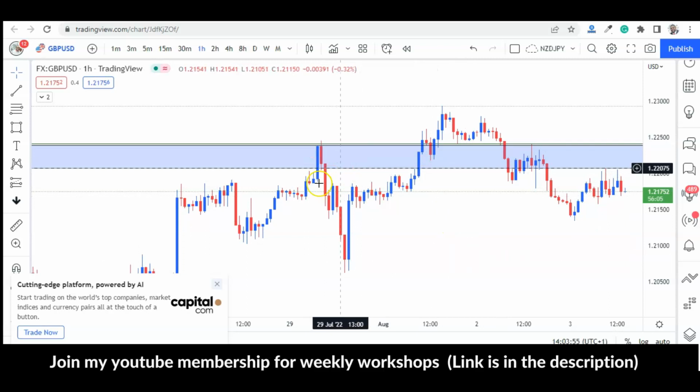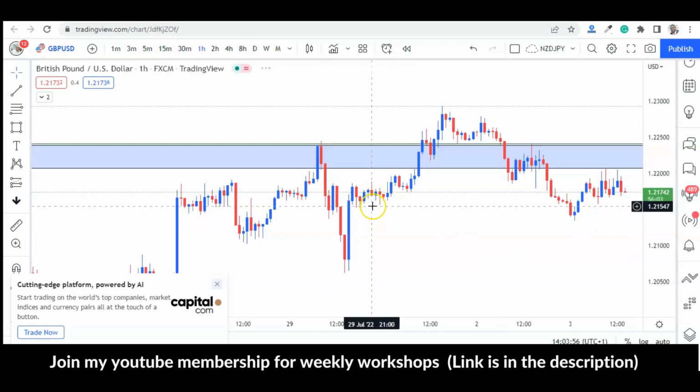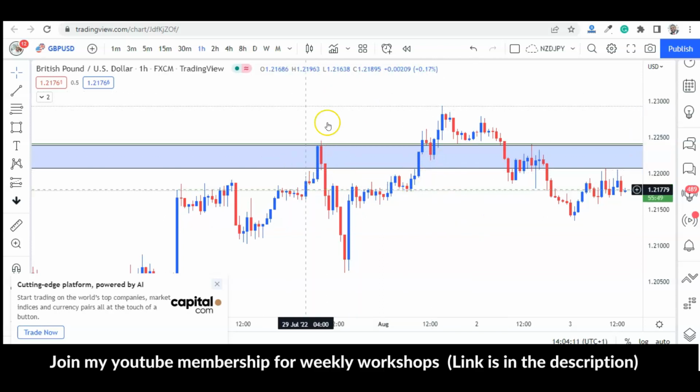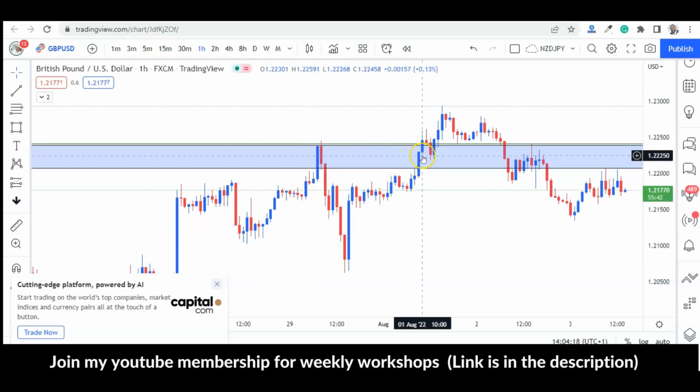I was expecting price to trade back in here, probably not too soon in the Asian session. Maybe it builds liquidity, then London session it comes in and then sells off. That is the only reason, because this was like a confirmation of the fair value gap, a confirmation that price may continue going lower.